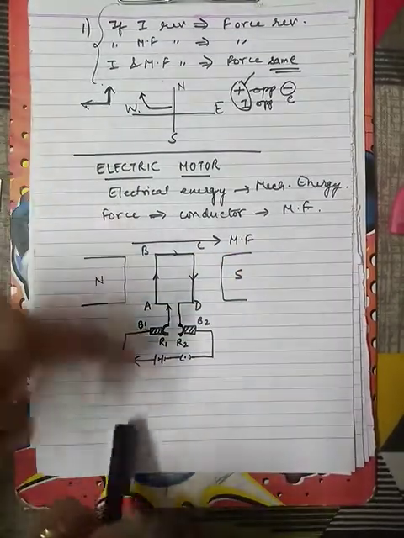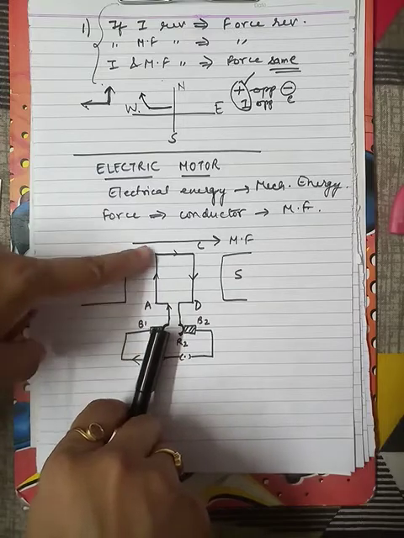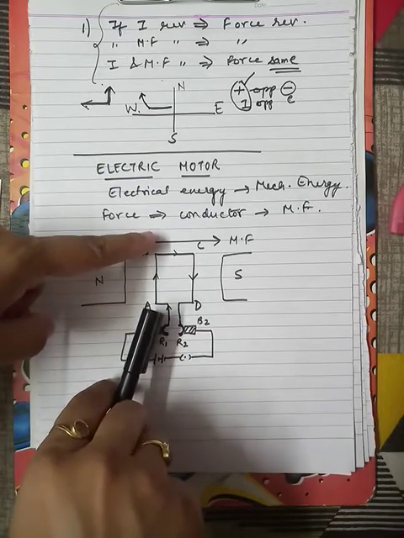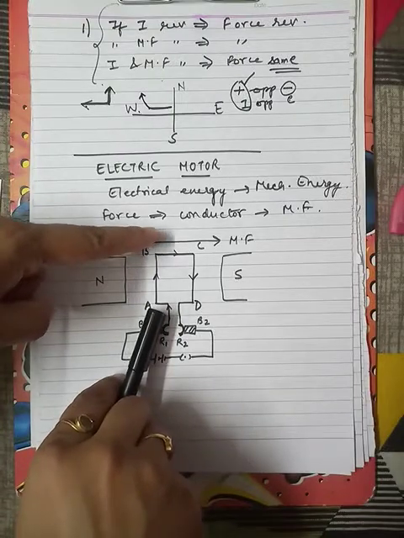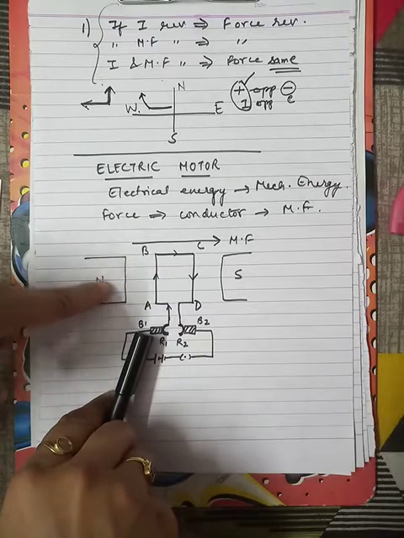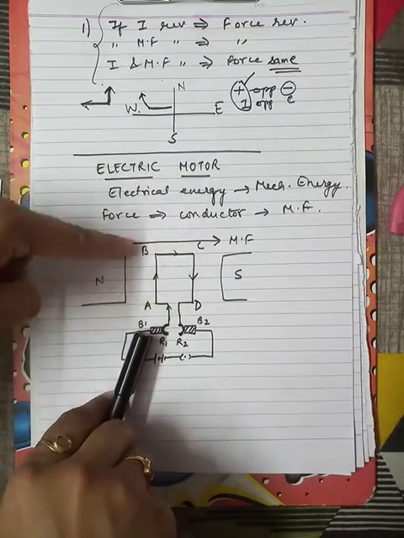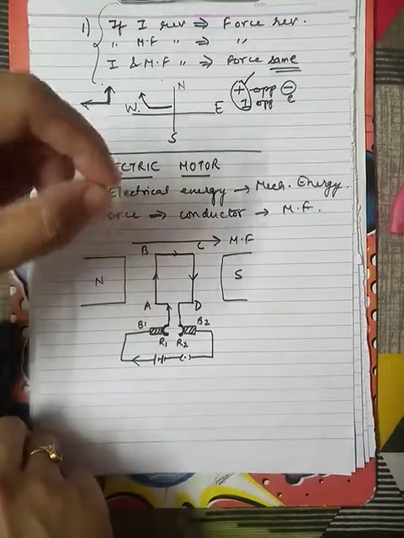Now what will happen? Current is flowing in this direction, AB. We will take only side AB to understand the direction of force. If the current direction is this and the magnetic field is this, both are perpendicular, then what is the direction of force?